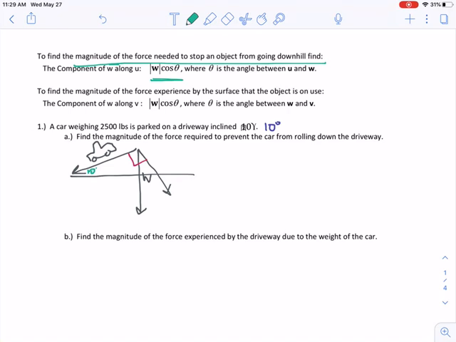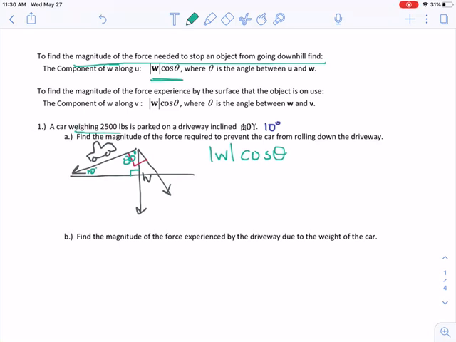I know that a vertical and a horizontal line are 90 degrees. So if that's 10 and I've got a 90-degree angle there, then the angle theta in between U and W is going to be 80 degrees for my car being parked on the driveway. So let's take the magnitude of W times the cosine of theta. My magnitude is any measurable amount of my vector.